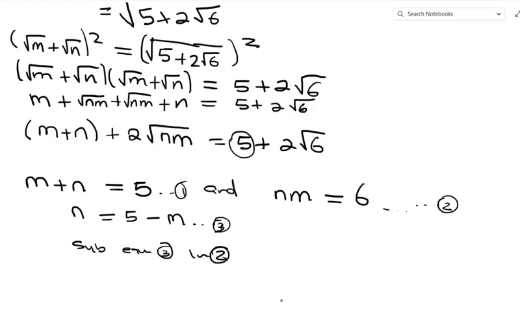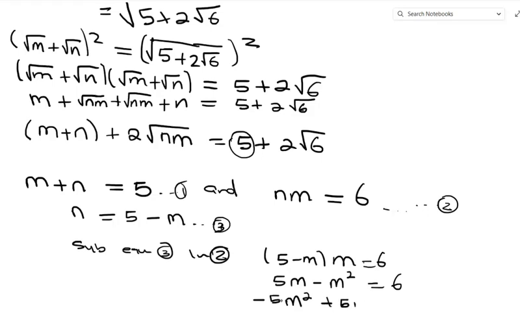Then we can have 5 minus m multiplied by m is equal to 6. So now here we can say 5m minus m squared is equal to 6. So here we can have negative m squared plus 5m minus 6 is equal to 0.